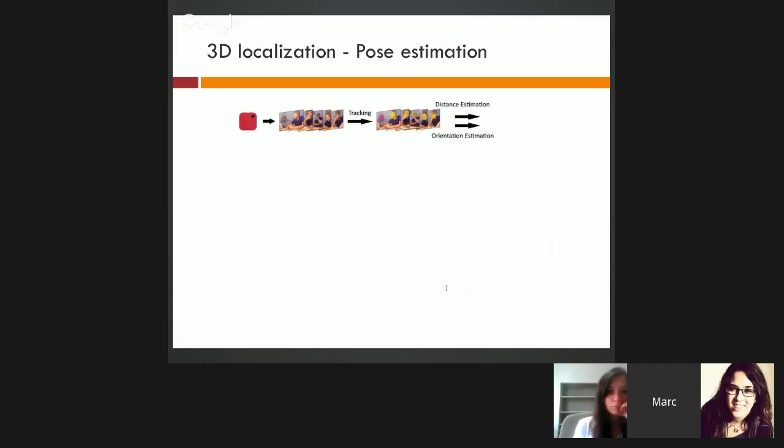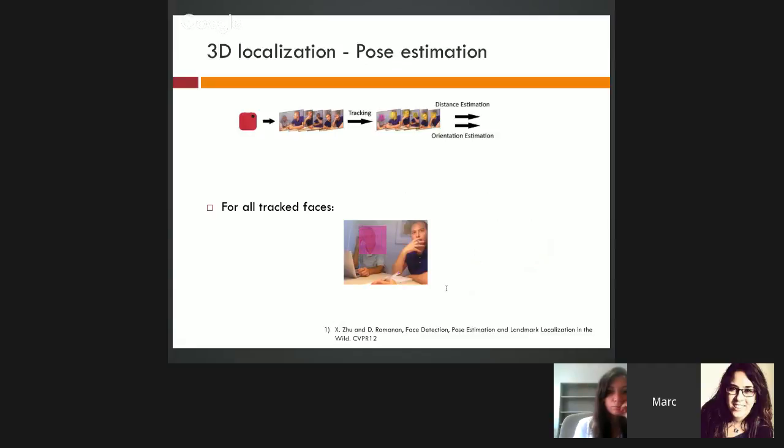The next information that we needed was the orientation of the faces of the people, also to be used in F-formation. To this end, for all the tracked faces, we increased the bounding box that we found and applied an orientation estimation method, and we decreased the threshold so it could find the orientation with better accuracy.